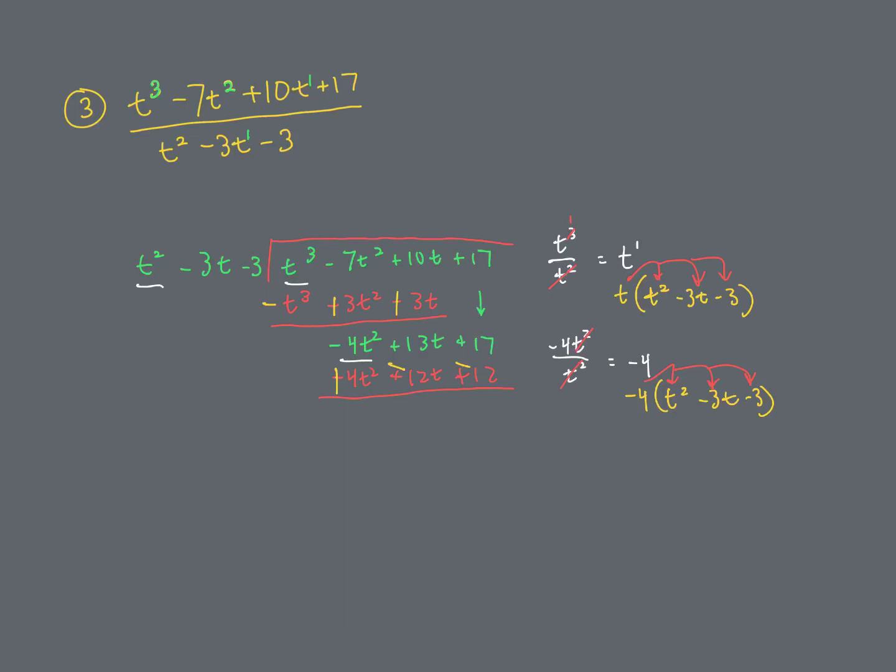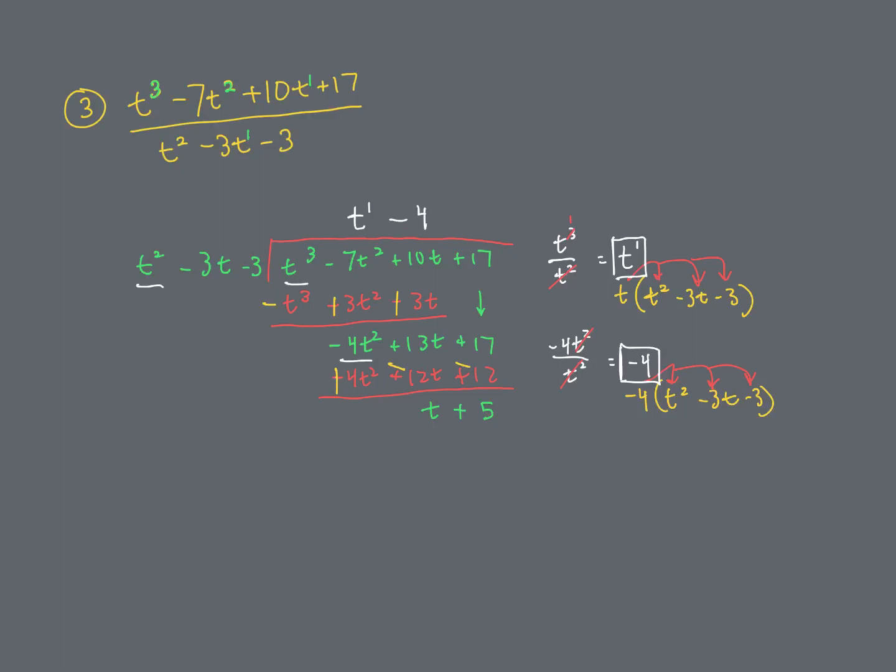Now putting these together, the negative 4t, positive 4t disappears. 13t minus 12t, that's going to leave a t. And then 17 minus 12, that's going to be positive 5. So this one's going to work out just a little bit different than some of the ones that we've done before. So we've got a t to the first, negative 4.